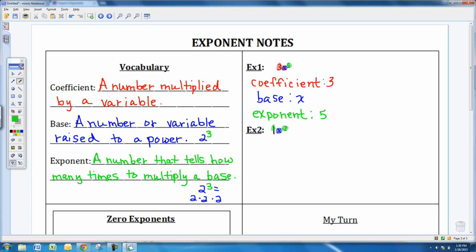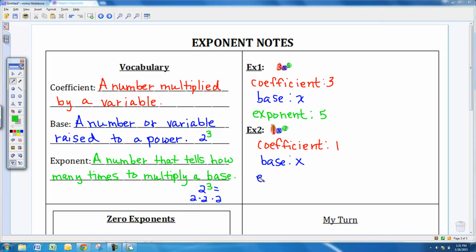So our coefficient is 1. Our base is x because it's raised to the -2 power, and our exponent is -2.